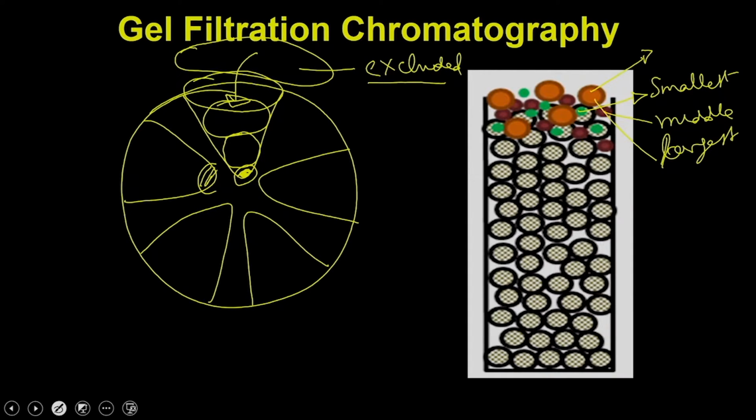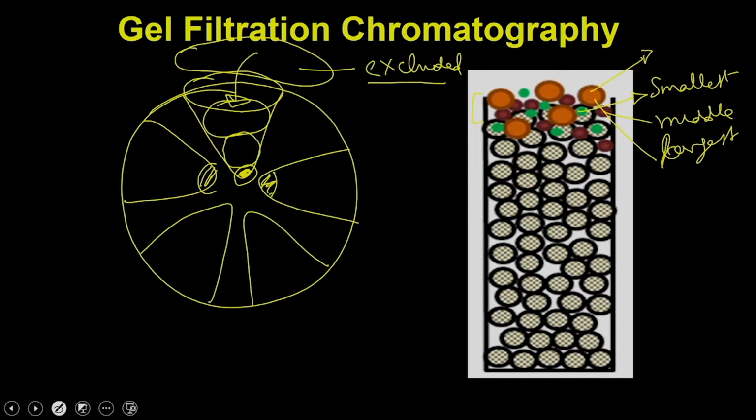The green enters the pores first, capturing the pores present in the first layer, whereas the red, which is of middle size, competes well compared to the orange one, but not as well compared to the green ones.